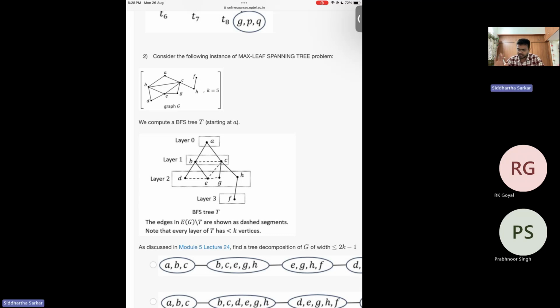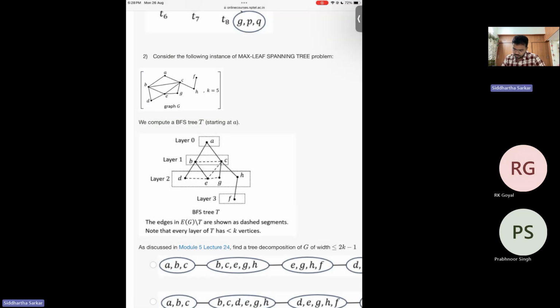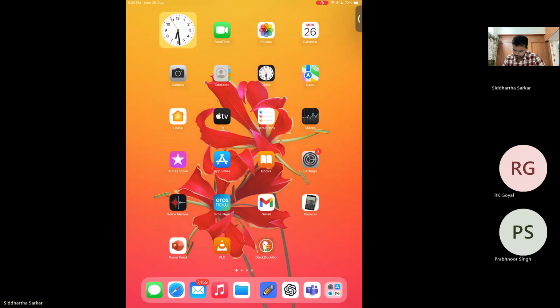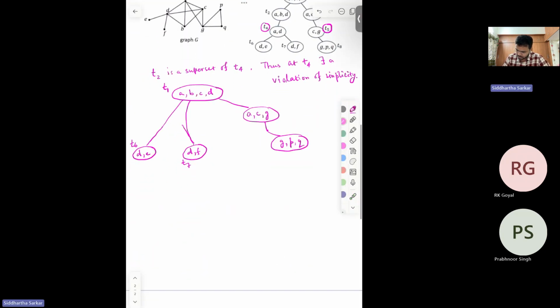So I'll write down the definition of the max leaf spanning tree. Let me copy this figure, then we look at the question. So here is the definition. A graph G is given to you.